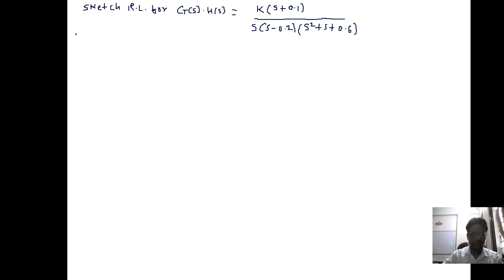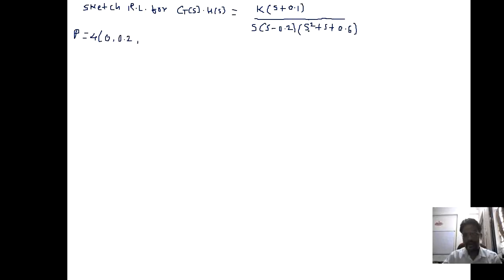So for this numerical, let us first calculate the number of poles and number of zeros. Poles are the values of s in the denominator. So we have 4 values of s, so poles are 4. The values of poles are 0; then s minus 0.2 equal to 0, that means s equal to plus 0.2.